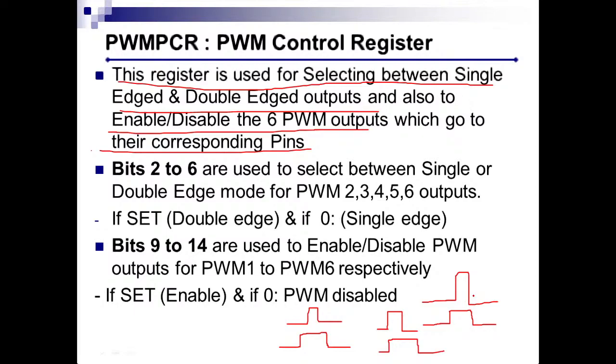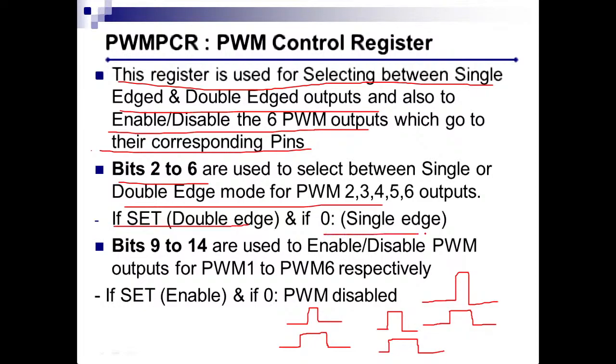So whether you require a single edge or a double edge PWM output, this PWM PCR is very useful. Bits 2 to 6 are used to select between single or double edge mode for PWM 2, 3, 4, 5 and 6. When you set these bits, it will provide a double edge PWM.